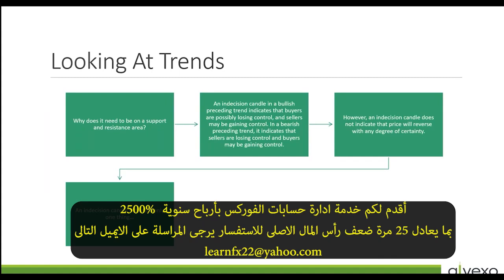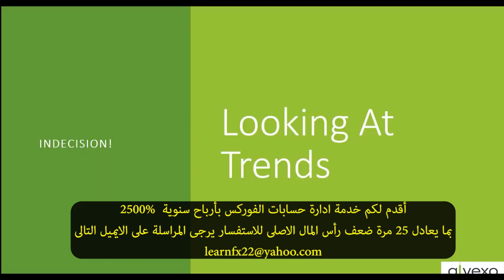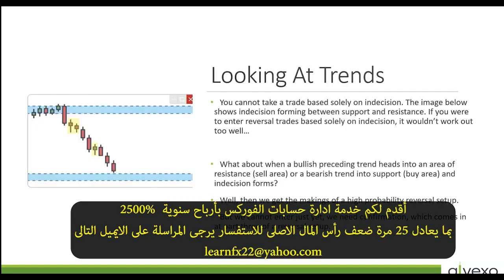So an indecision candle and a bullish preceding trend indicates that buyers are possibly losing control and sellers are gaining, or the opposite in the other direction. However, an indecision candle does not indicate that price will reverse with any degree of certainty. An indecision candle indicates only one thing: indecision.